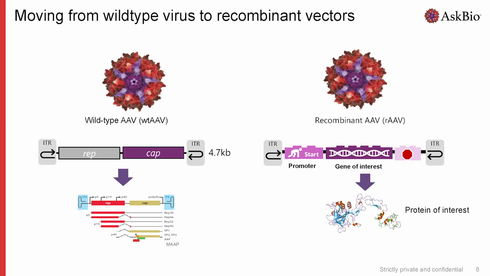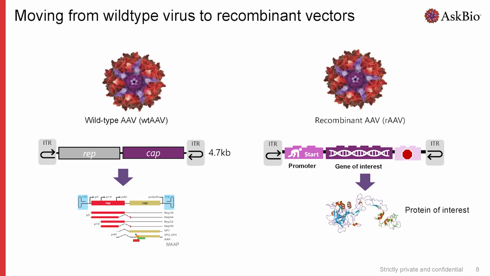So the other important thing to pay attention to is that there is obviously a difference between wild-type AAV and recombinant AAV, and this is effectively the evolution of the field. So I just talked to you about the genome of wild-type AAV, and the early work in the 80s and 90s was focused on how to shift this into a recombinant format.